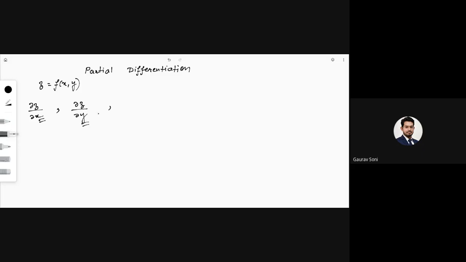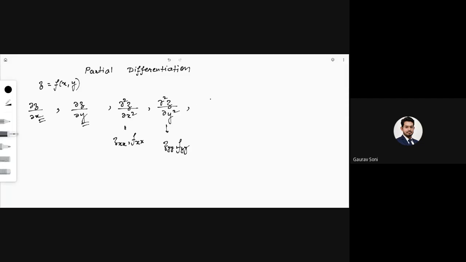In the same case, we can also take the higher order derivatives: second derivative of z with respect to x, second derivative of z with respect to y. This is also written as zxx or fxx. This is also written as zyy or fyy.